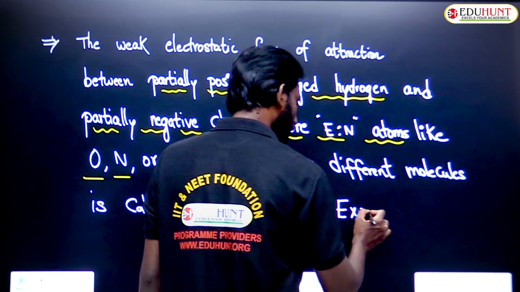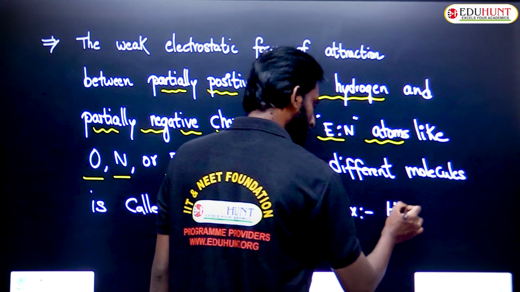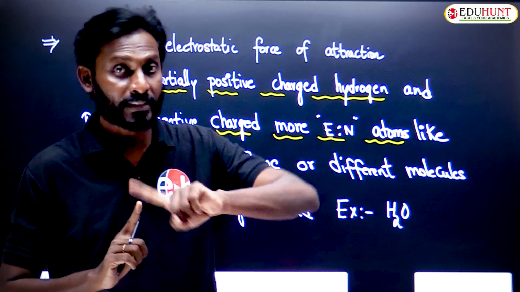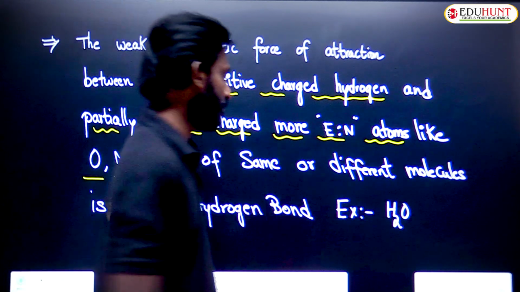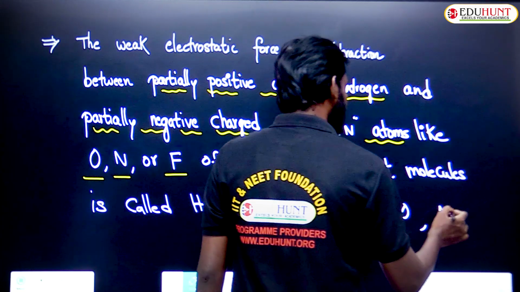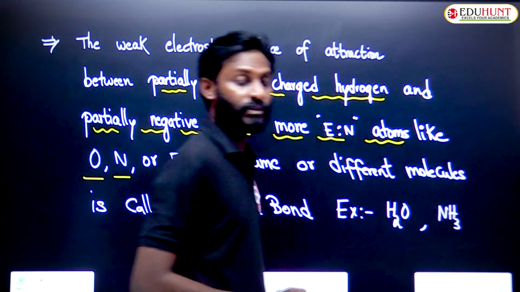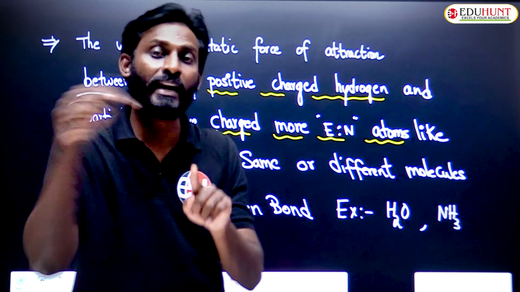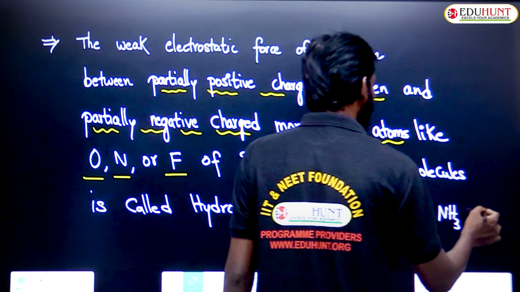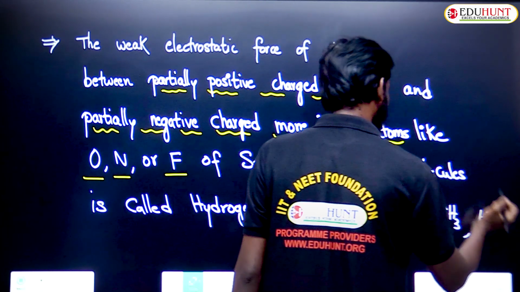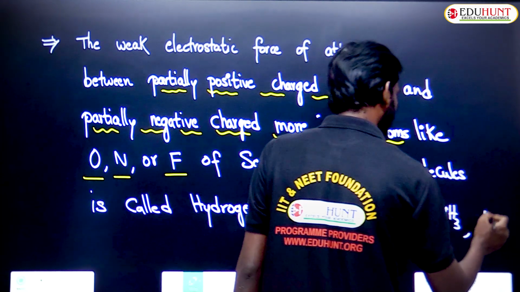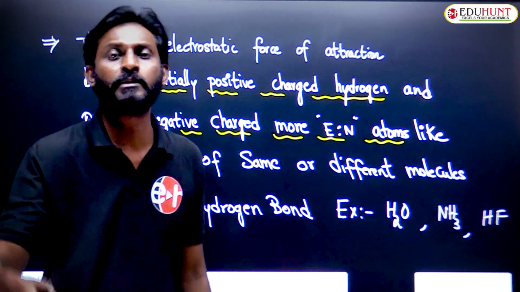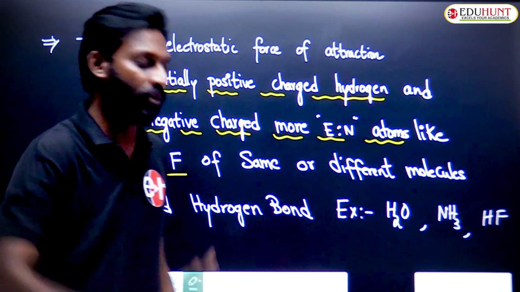Few examples: in H2O, hydrogen is present on more electronegative oxygen. In ammonia, you can expect hydrogen bond because in the ammonia molecule, hydrogen is present on more electronegative nitrogen. And hydrogen fluoride, HF. In HF, the hydrogen is present on the most electronegative fluorine.